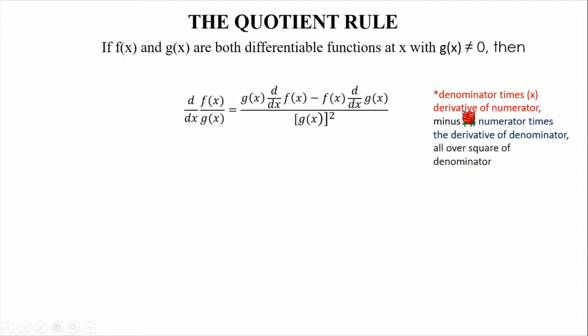So, ibig sabihin nun, si denominator times daw sa derivative ng numerator. Si g of x is our denominator here. So, yung pagkuha ng derivative niya, si denominator daw, i-times natin sa derivative ng ating numerator. Then, minus natin sa numerator times the derivative ng ating denominator all over the square of our denominator.